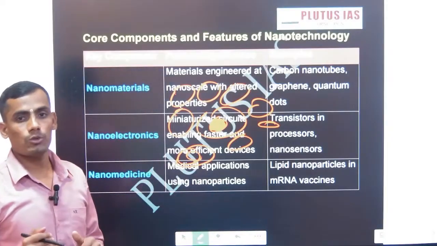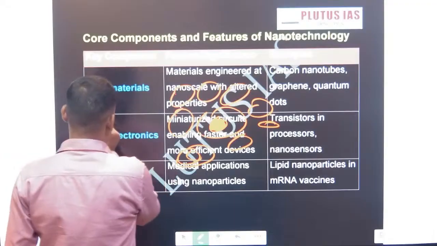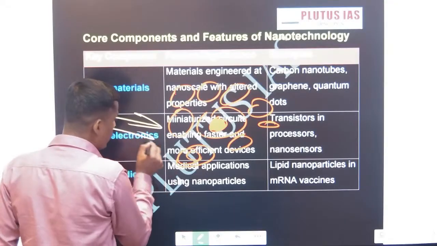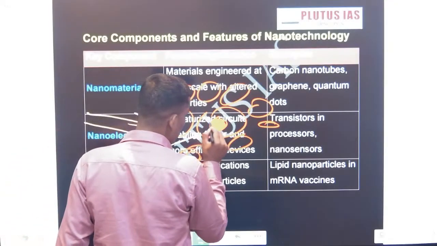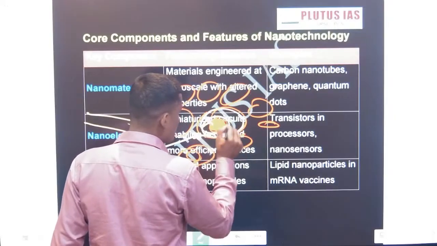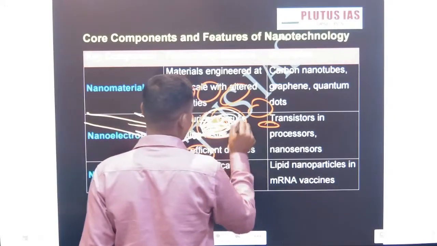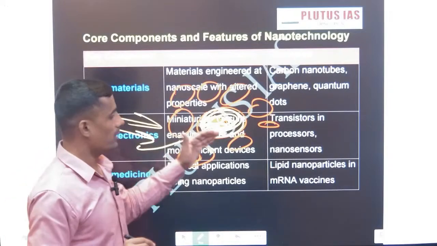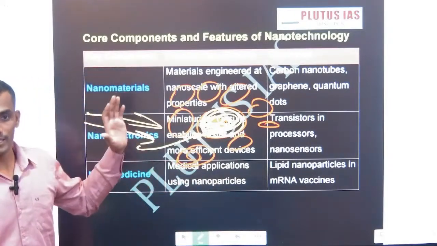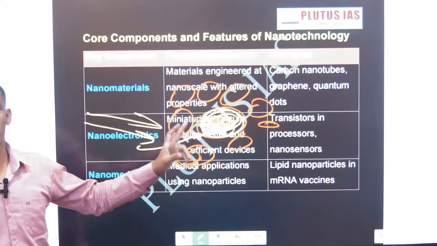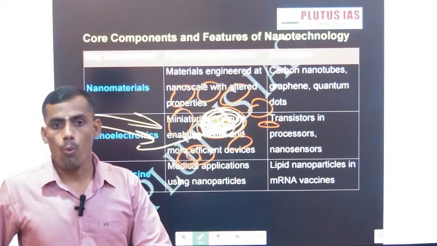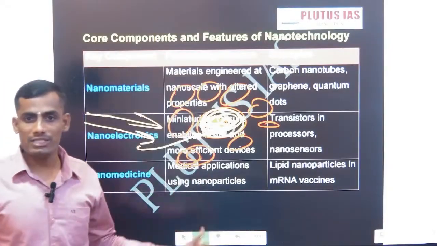But what is here? This nanotube will come, a nano robot will come, it will detect this and directly destroy this cell. This much level nanotechnology has developed, and because of this, nanotechnology has found wider applications in the health sector.